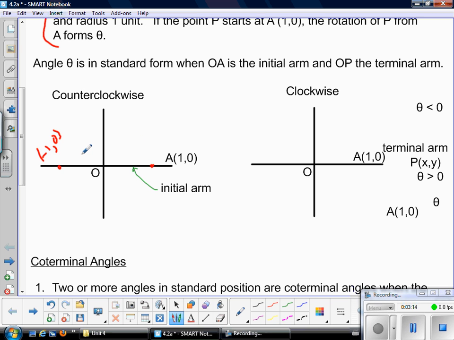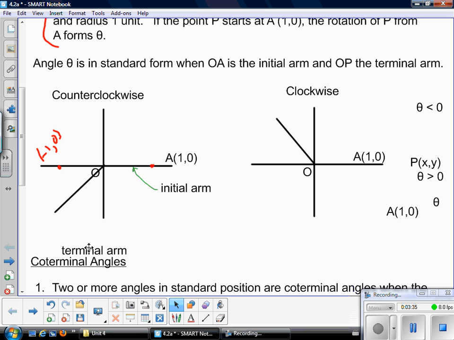And where it stops, we call it a terminal arm. So let's create a terminal arm. And it doesn't really matter where I put it. I can put one here. I could put one for this one over here. So those are going to be my terminal arms. And again, we'll just bring it up and label it. So that's going to be our terminal arm.